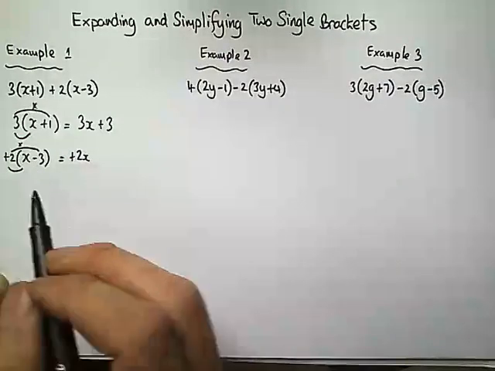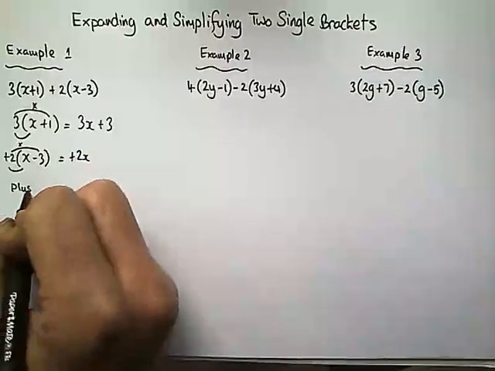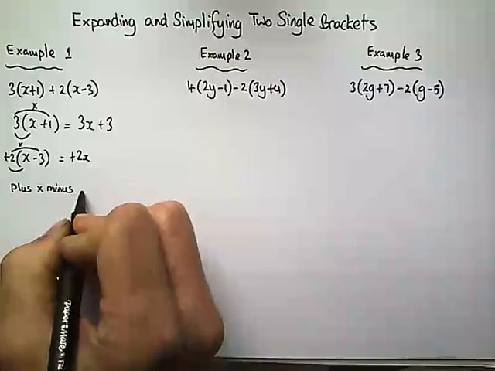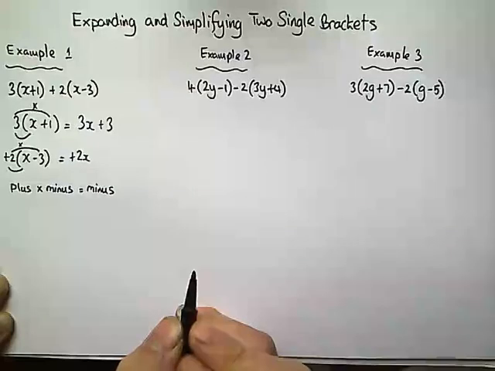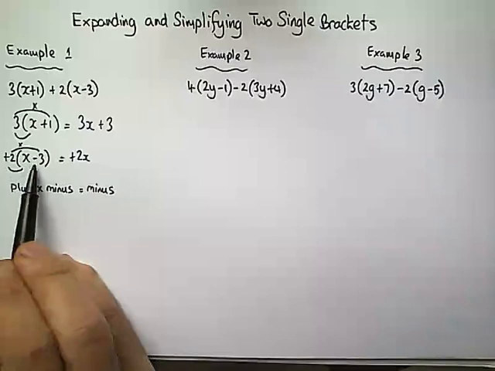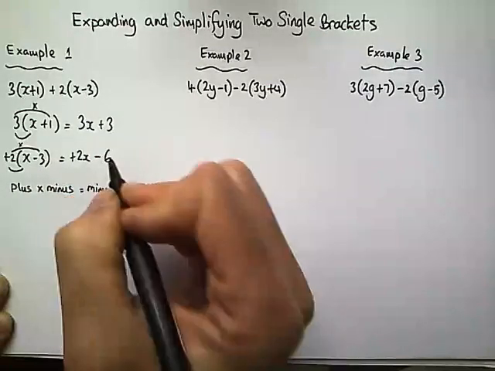The rule is a plus times a minus equals a minus. Okay, so we need to remember that rule. So 2 times 3 gets us 6, a plus times a minus gets us a minus, so it's minus 6.